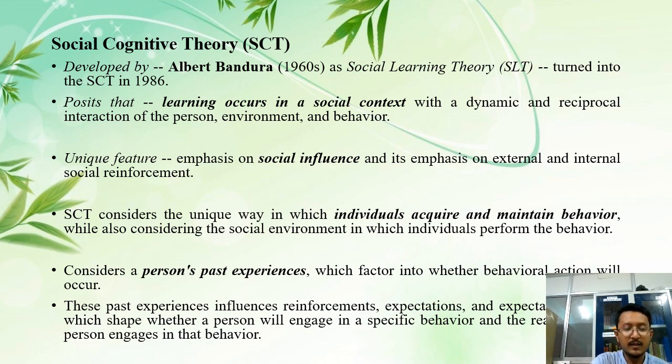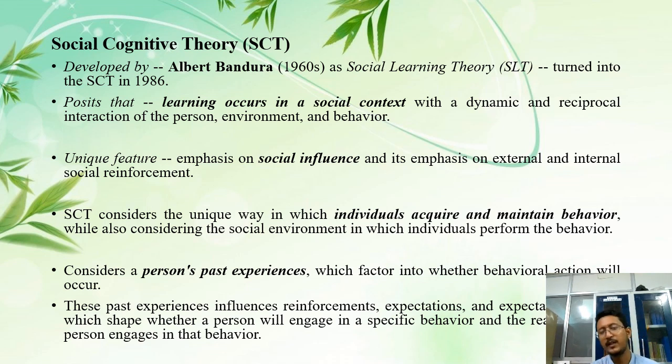It also considers the unique way in which individuals acquire and maintain behavior, while also considering the social environment in which individuals perform the behavior. Right? It also considers an individual's past experiences, which factor into whether behavioral action will occur or not.